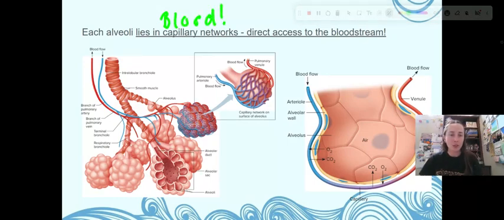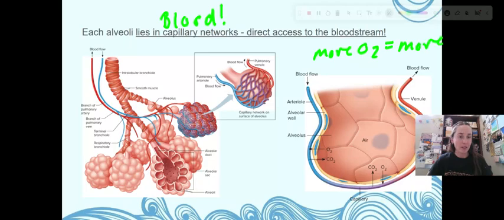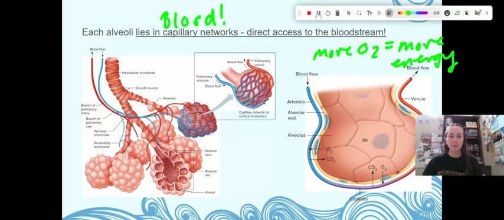And why is that important? Because we want a lot of access to the bloodstream. So more oxygen equals more energy for us. So if we have a lot of access to the bloodstream here, we get a lot more oxygen going into the blood, ready to get transported to other places.